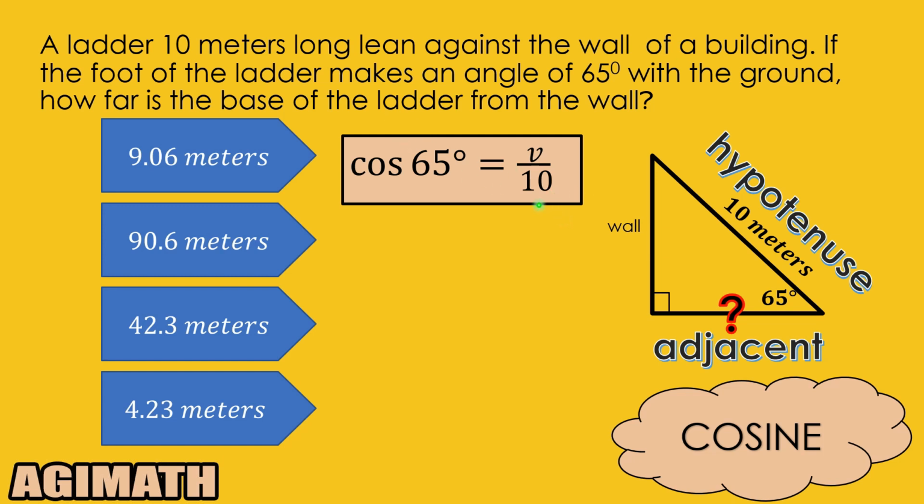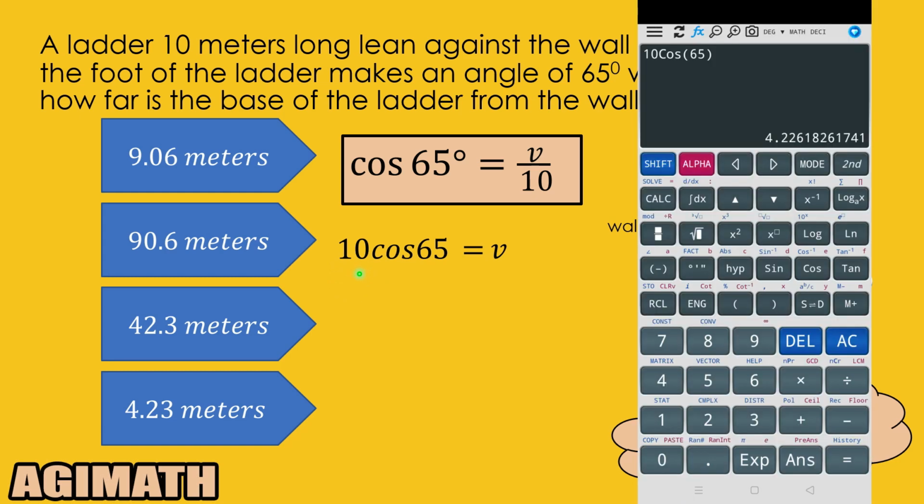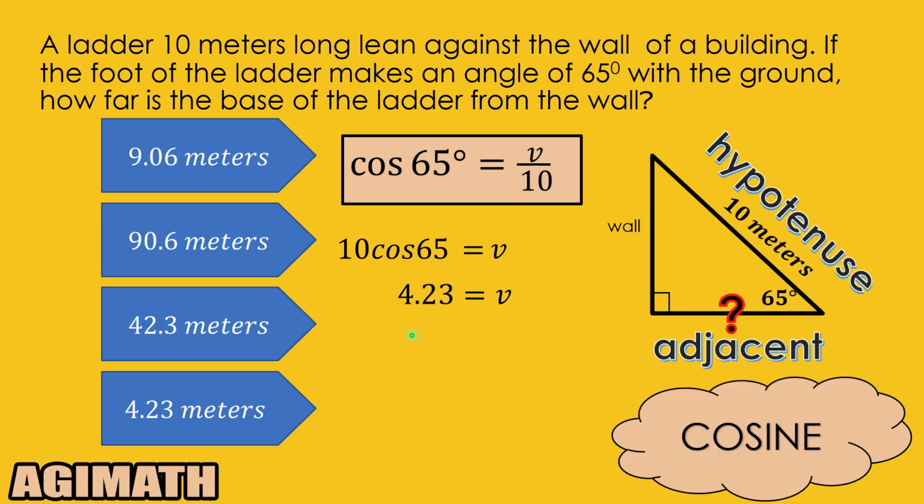So 10 and cosine 65 go together, and V times 1 is equal to V. Using your calculator, just press 10 times cosine 65, and it will give you an answer of 4.23. Therefore, the foot of the ladder is 4.23 meters from the wall.